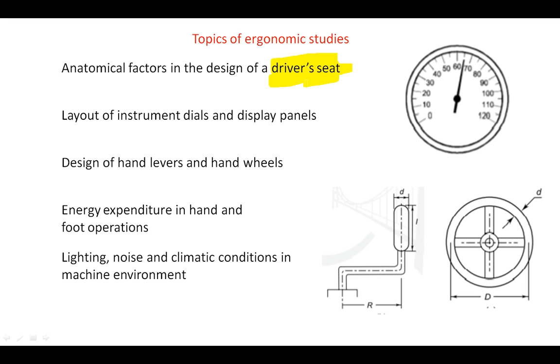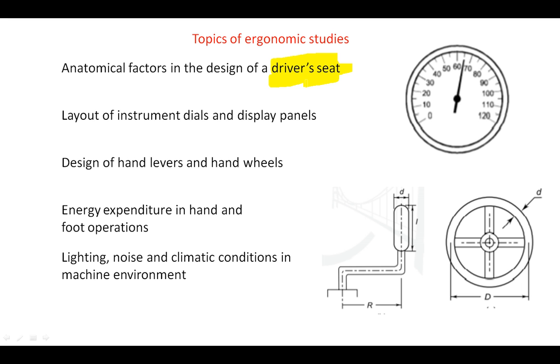So these are all the controls, and he is receiving information from a speedometer. Suppose for example a speedometer shows the speed, or the front glass shows the outside position of the vehicle, how the vehicle is moving. Okay, so the driver takes information from these different displays and then takes corrective action.